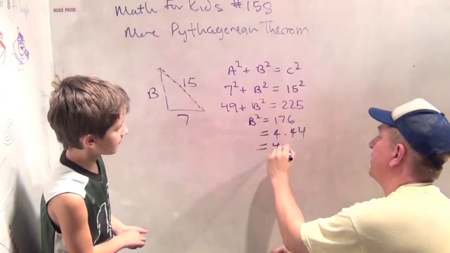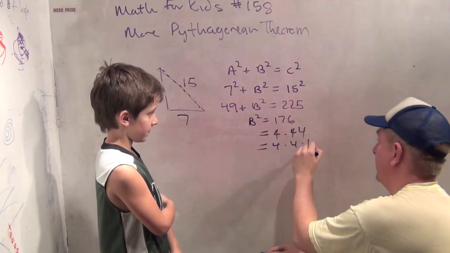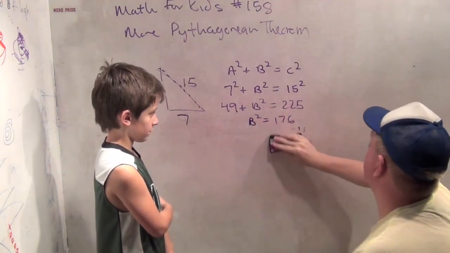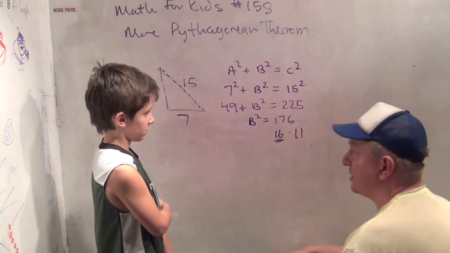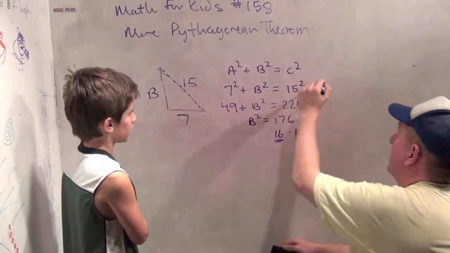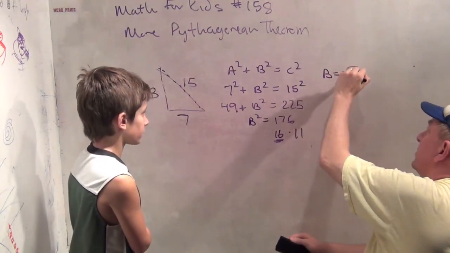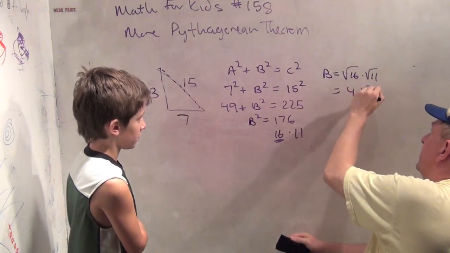And what is 44? 44 is 4 times 11. So 176 is actually 16 times 11. And what's special about 16? 16 is a square. So B is the square root of 16 times the square root of 11, which is 4 times the square root of 11.